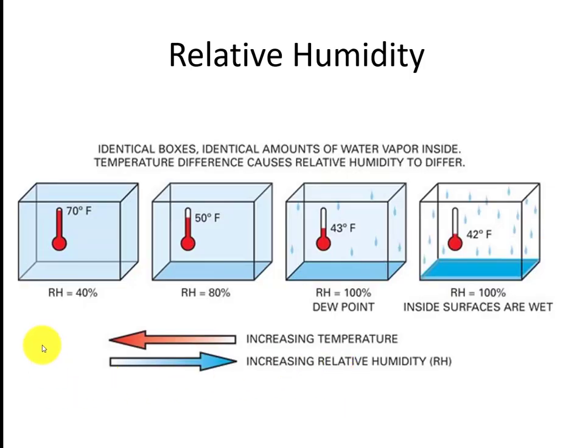So here we have identical boxes with identical amounts of water vapor inside. The difference is the temperature. And so if we start over at the left, we have 70 degrees Fahrenheit. The amount of water in this box represents 40% capacity.